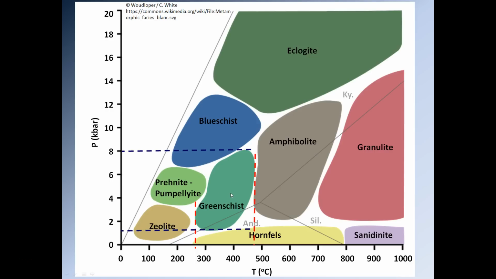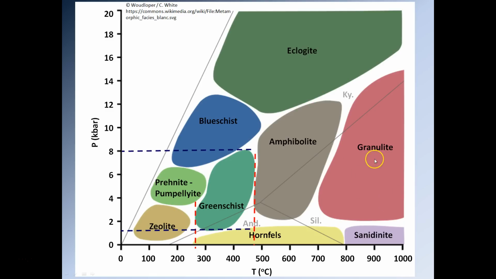Remember this diagram is based on a basalt, but even though it's a mudstone being metamorphosed, I would still say that mudstone has reached greenschist facies grade. Although this diagram is based on a basalt, these fields are used to describe the temperatures and pressures that all metamorphic rocks meet.